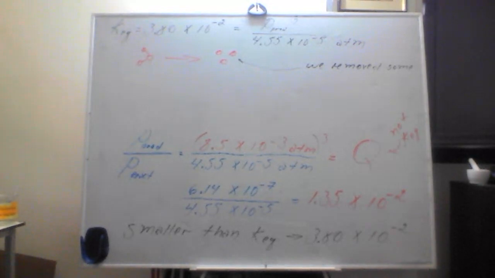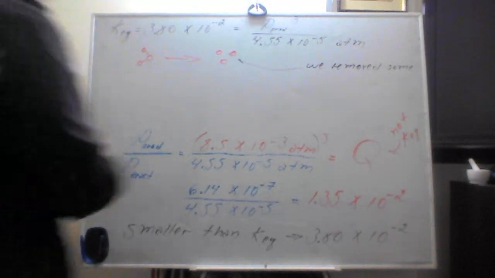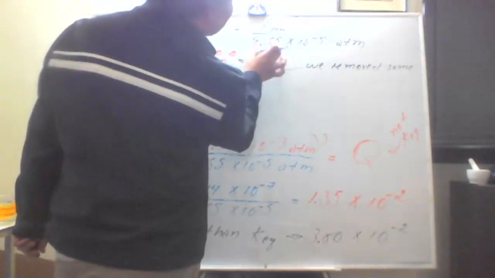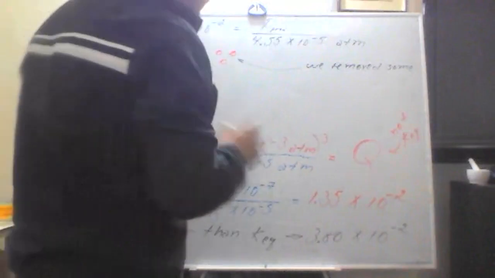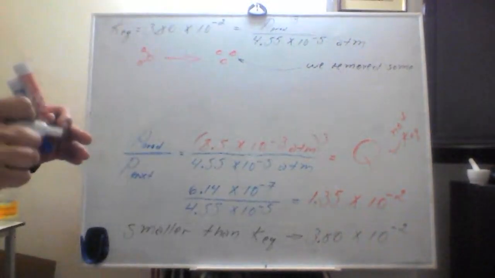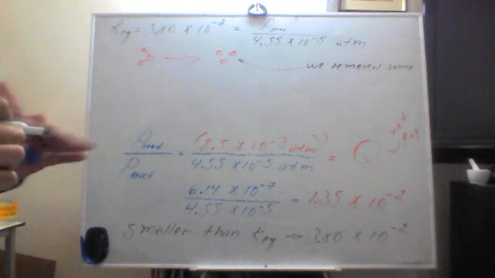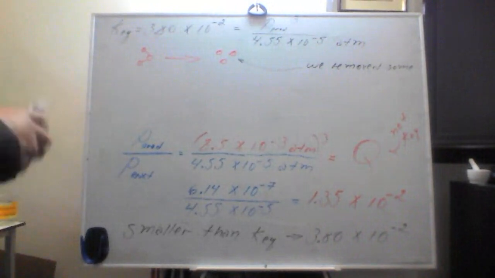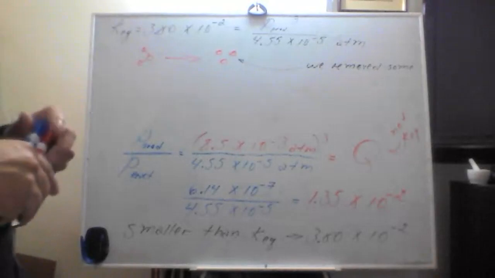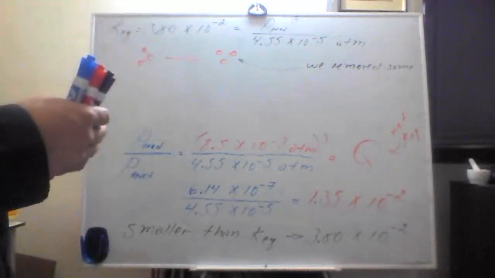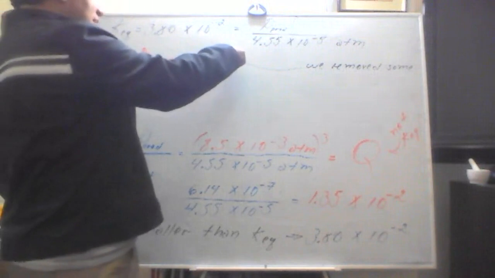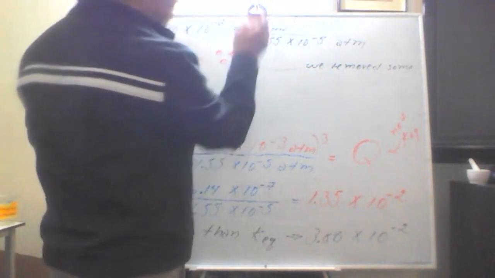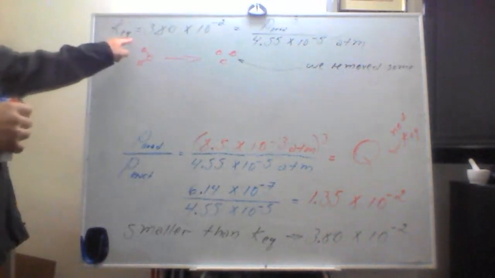Now, according to Le Chatelier's principle, the system has to restore the equilibrium constant value. It doesn't have to restore this number, mind you. It doesn't have to go to 4.55 and 1.2 times 10 to the minus 2 that we had before, or 12 milliatmospheres. I picked the number because it's very simple to use. So the system does not have to go to those values. What the system has to do is go towards products in such a way that some reactants disappear, some products form, and then the partial pressures, when you put them in that expression, give you back the equilibrium constant.